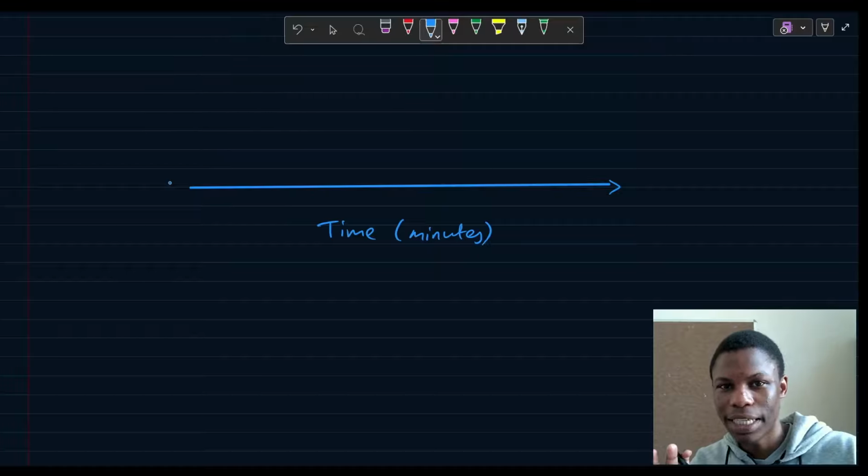We are going to have one axis, and it represents time, with the unit in minutes. There are 5 things you need to draw a box and whisker plot: your minimum value, Q1, Q2, Q3, and your maximum value.